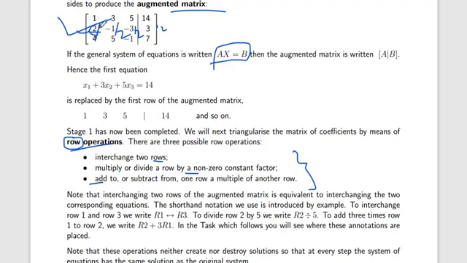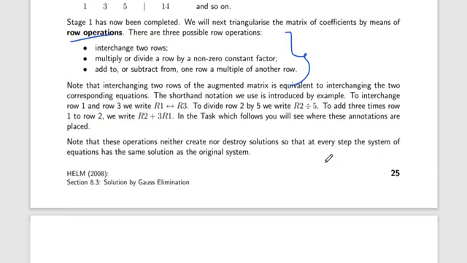If you want to make this 0, what will we do? We multiply the first row r1 by 2, then subtract from the second row. So there are 3 types of row operation in Gauss elimination.